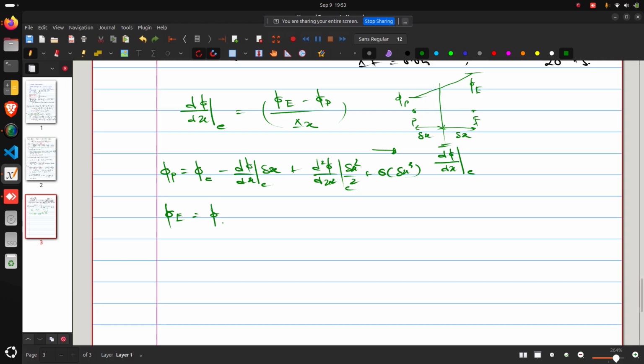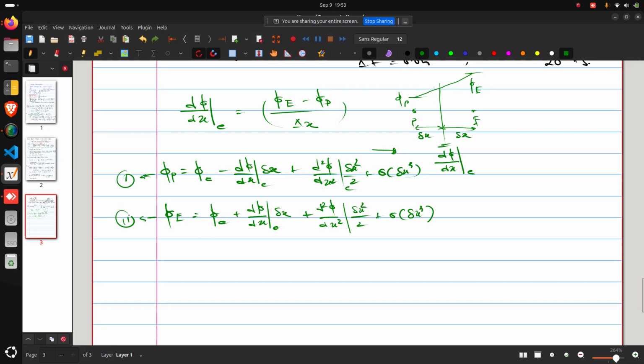It will be phi small e plus d phi dx at e delta x plus the same terms. Alright. Now we will just say this is equation 1, equation 2.